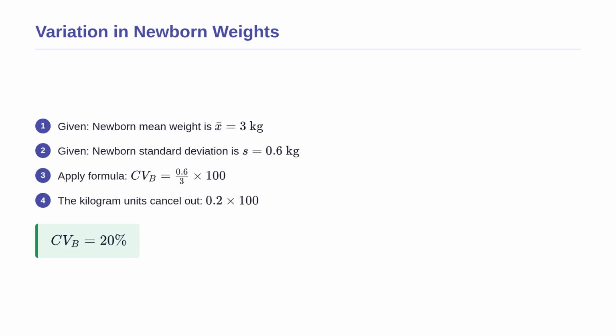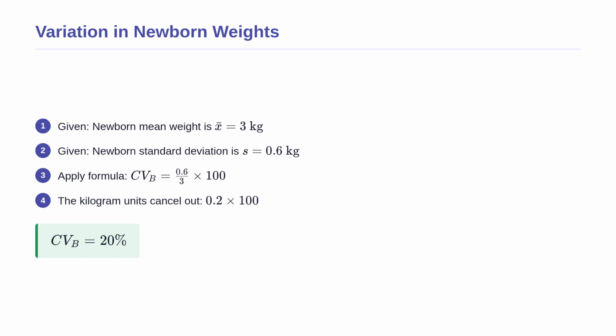Let us see this in action with a concrete example. A pediatrician is studying the weights of newborn babies. We are given that the newborn babies have an average weight of 3 kilograms, with a standard deviation of 0.6 kilograms. We want to find their relative variability.